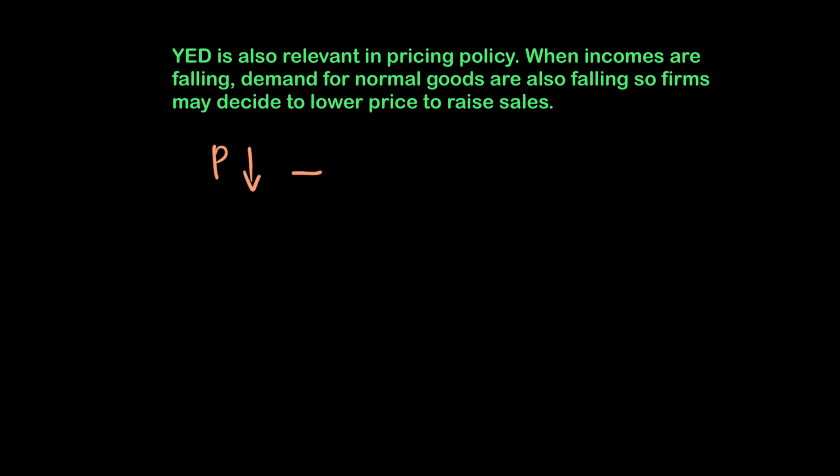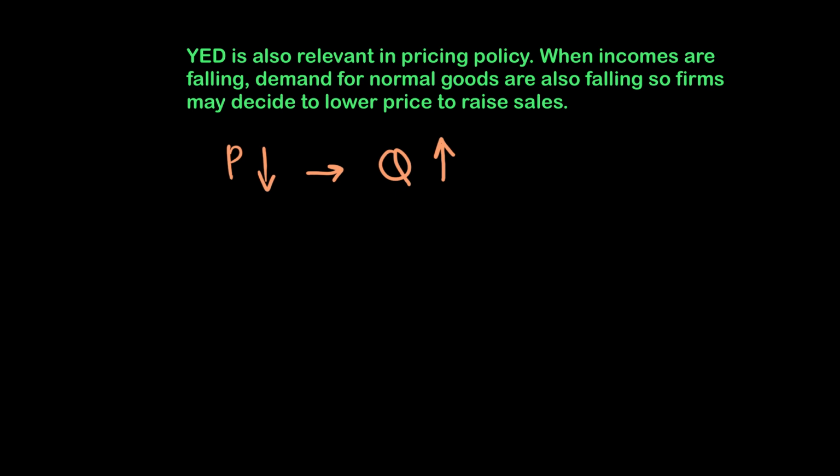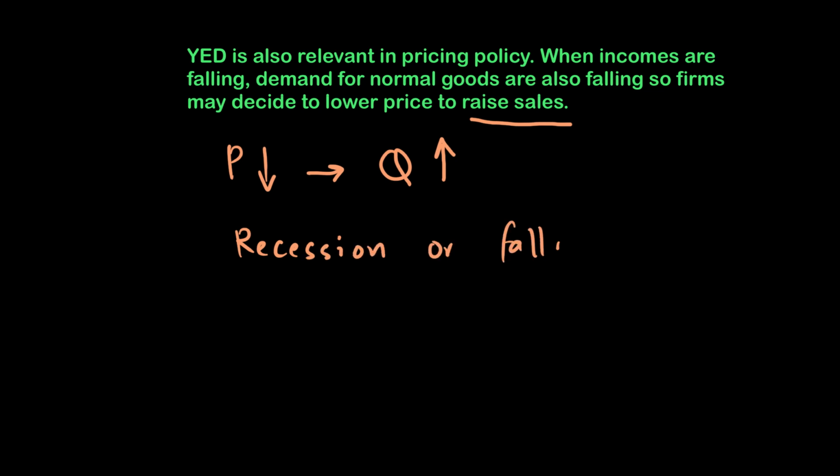When they lower the price, they can increase the quantity by much more because the goods are normal in nature, and therefore they can raise their sales in a time when the economy is going through what we call sometimes a recession or falling income.